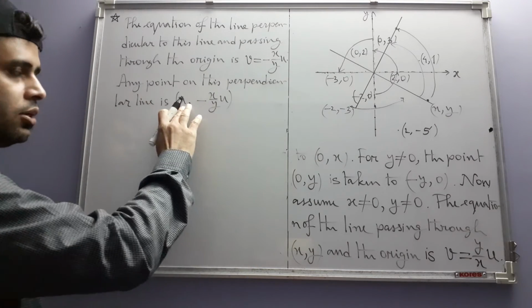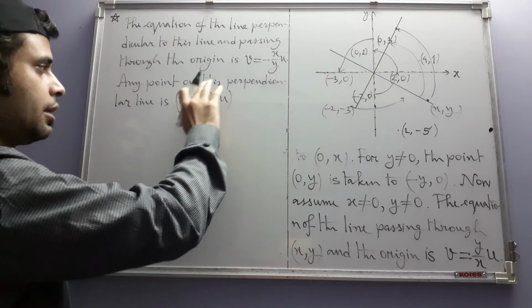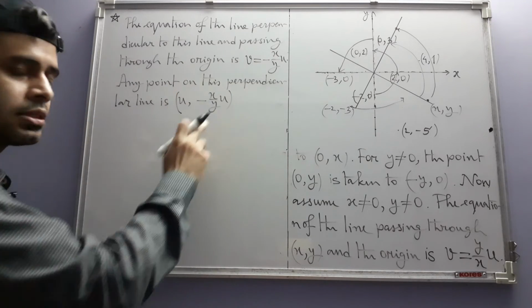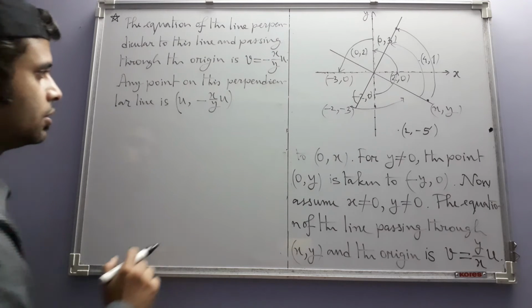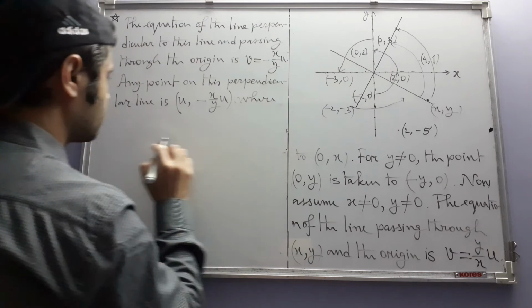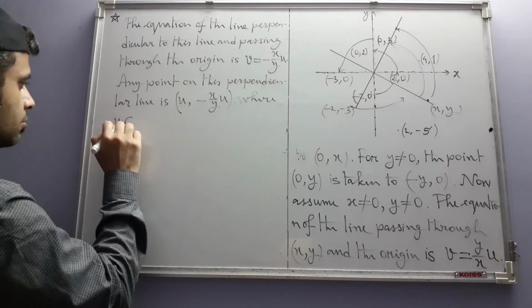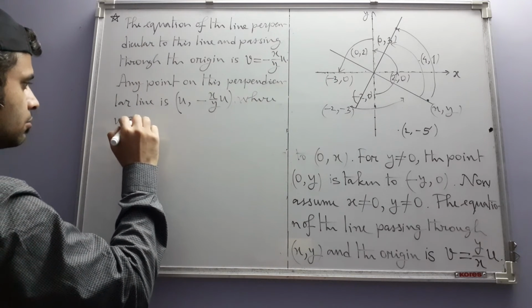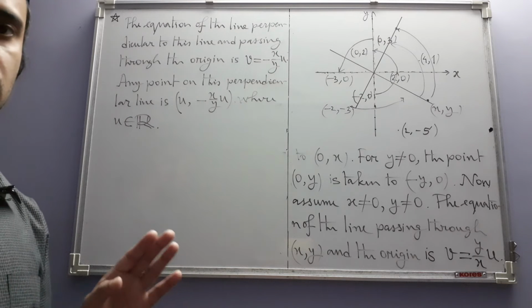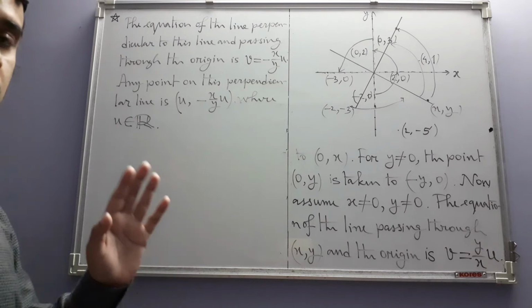This is the u coordinate, which is the first coordinate, and based on the first coordinate, this is the second coordinate, which is the v coordinate, where u is a real number.